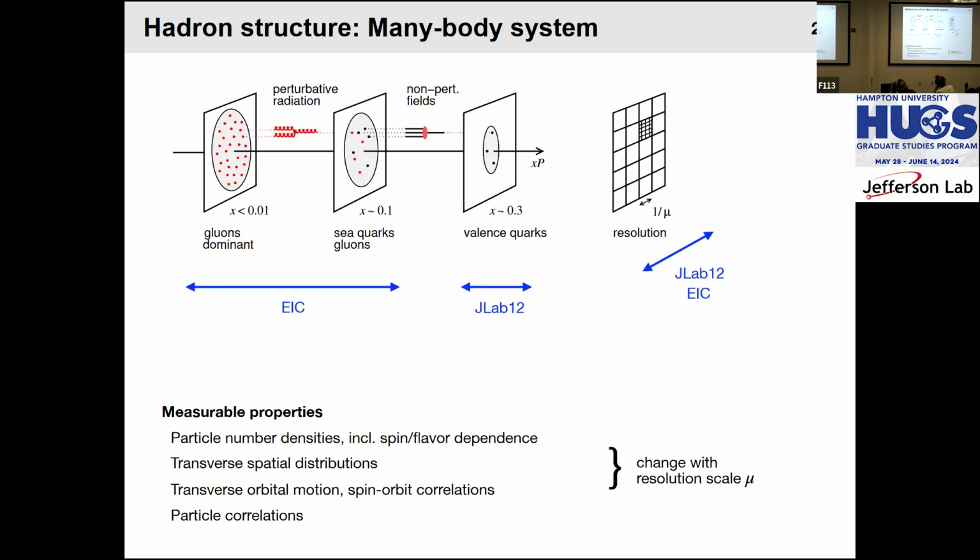And now we can come back and connect this with our many-body system in the parton picture and see what kind of components of the system we can probe in different scattering experiments.